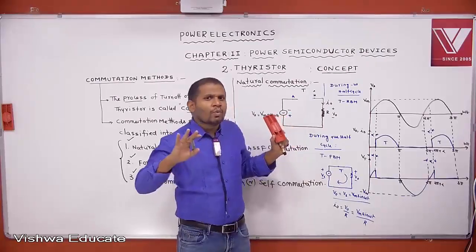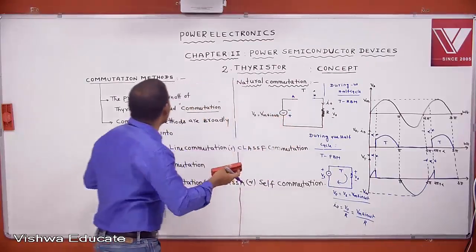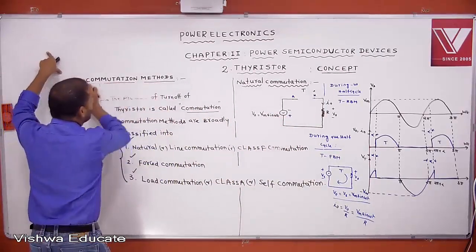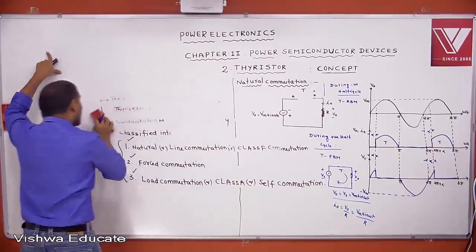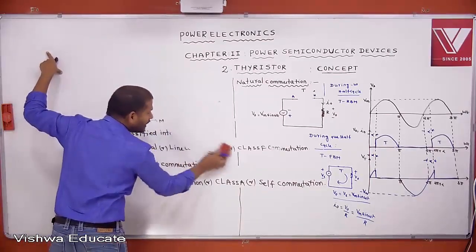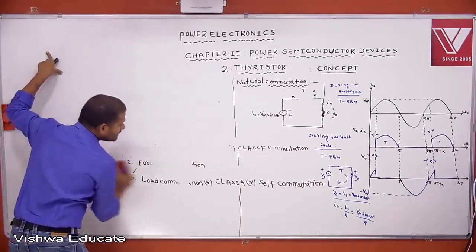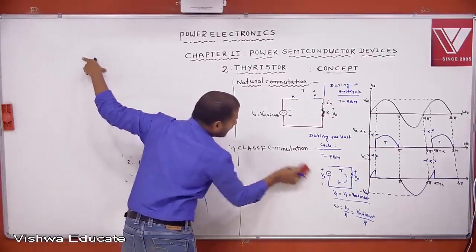Then in general, what do you mean by natural commutation? Natural commutation or line commutation or class F commutation means the supply voltage itself is used to turn off the thyristor.